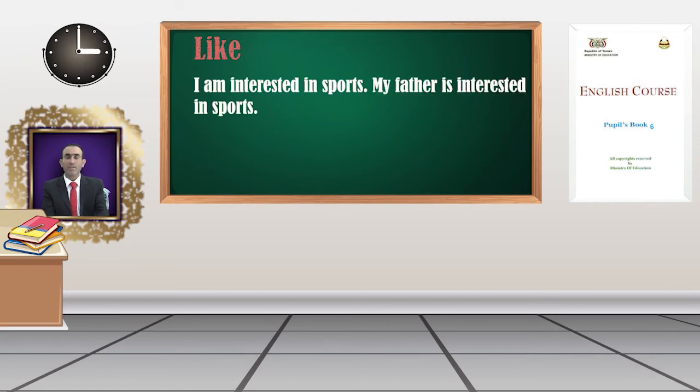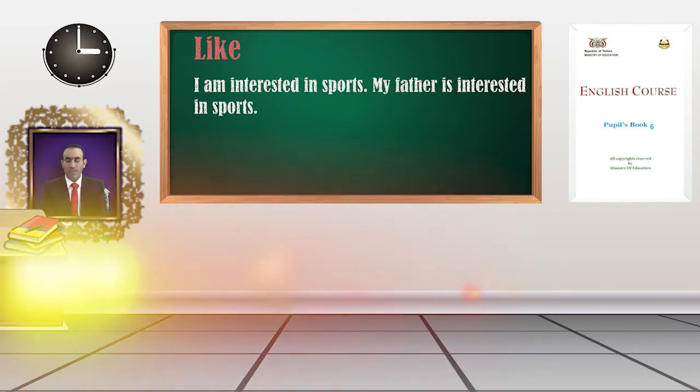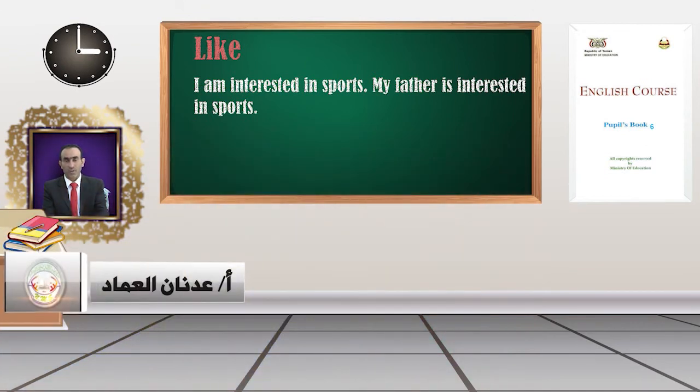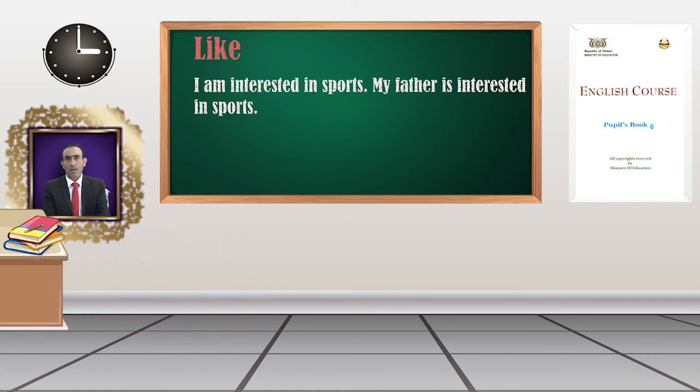I am interested in sports. My father is interested in sports. So these two sentences join or become one sentence by using the word like to make comparison. So the sentence should be, like my father, I am interested in sports.